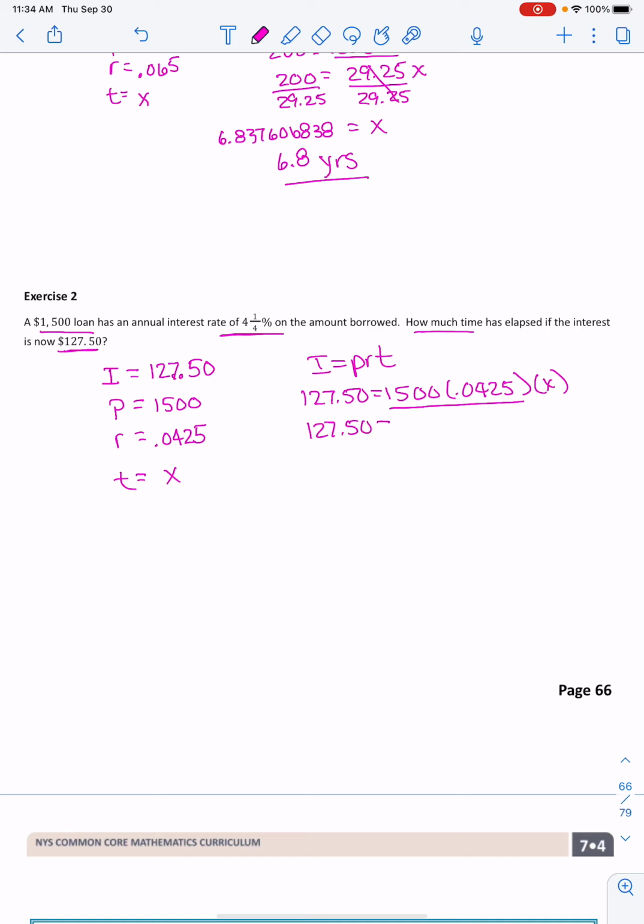And when we do, we get 63.75 dollars. And then we're going to divide both sides by 63.75. When we do so, I get 2 years. That ends the lesson.